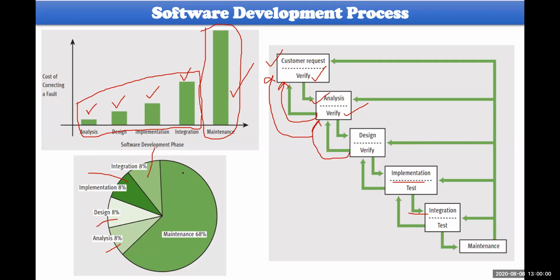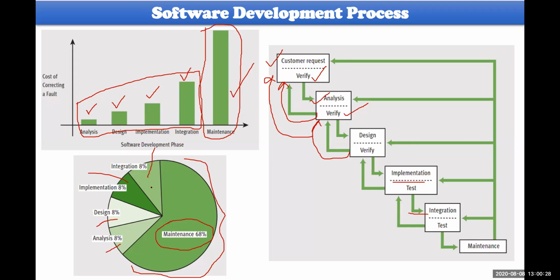But look at how much has been given for maintenance. Maintenance is 68% of the cost, because people use your application daily. They may ask many questions, and based on those questions, you have to implement the changes again and again. So maintenance takes a very, very huge cost compared to the implementation stage.